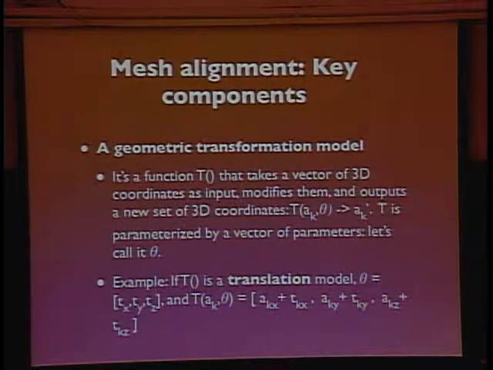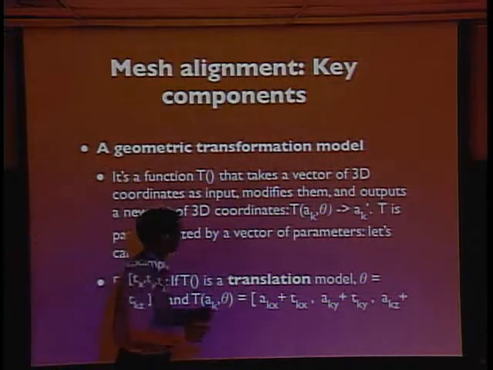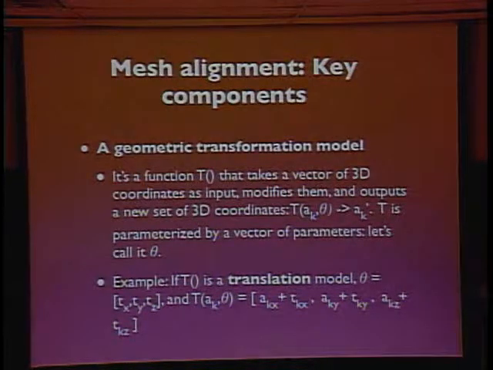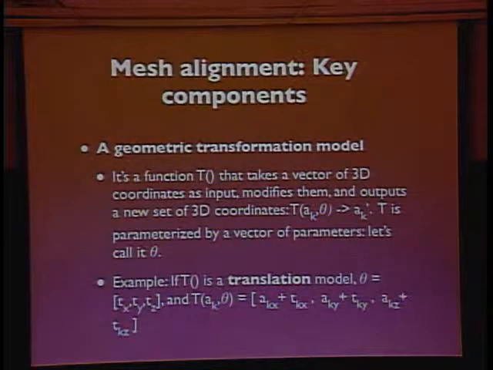So let's just take one simple example where our geometric transformation model is simply a translation. A translation just means that you take one mesh and you slide it in the x, y, and z directions to some degree. Then in that case, our vector of parameters theta is going to have 3 entries in it, which tell you how much to translate in the x, y, and z directions.